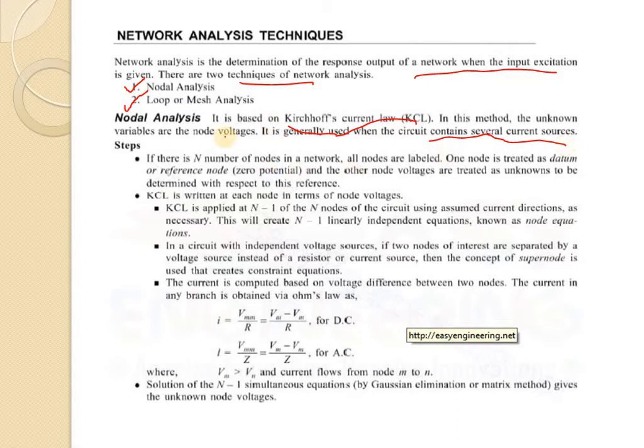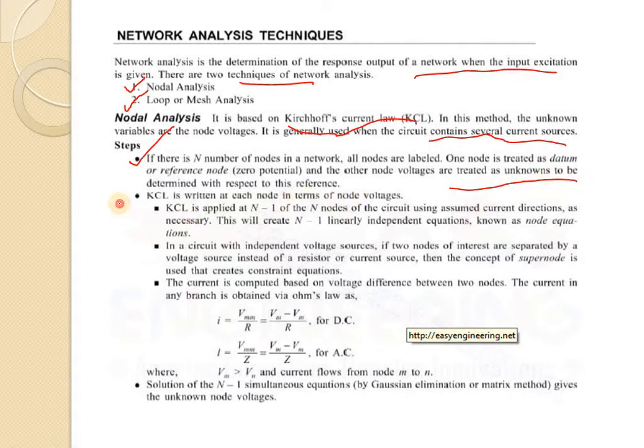First step: if there are n nodes in a network, where nodes mean the junction points, all the nodes are labeled. One node is treated as the datum or reference node, which is basically zero potential or ground. The other node voltages are treated as unknowns to be determined with respect to the reference point.